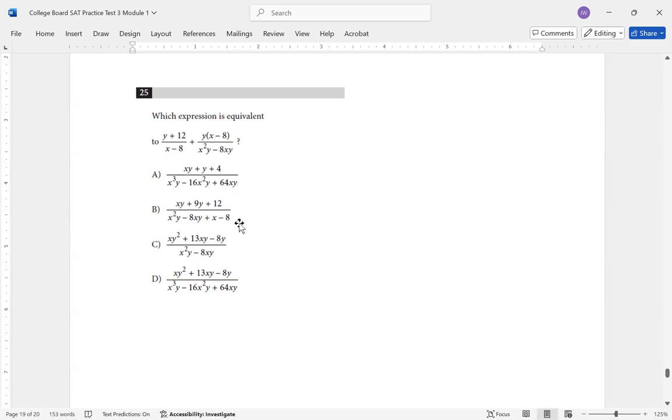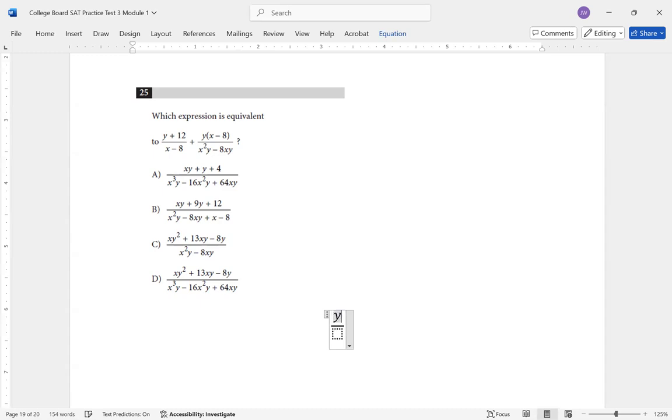The denominator here has x's and y's and lots of stuff in it. This problem is easiest if you notice what that second fraction can kind of turn into.